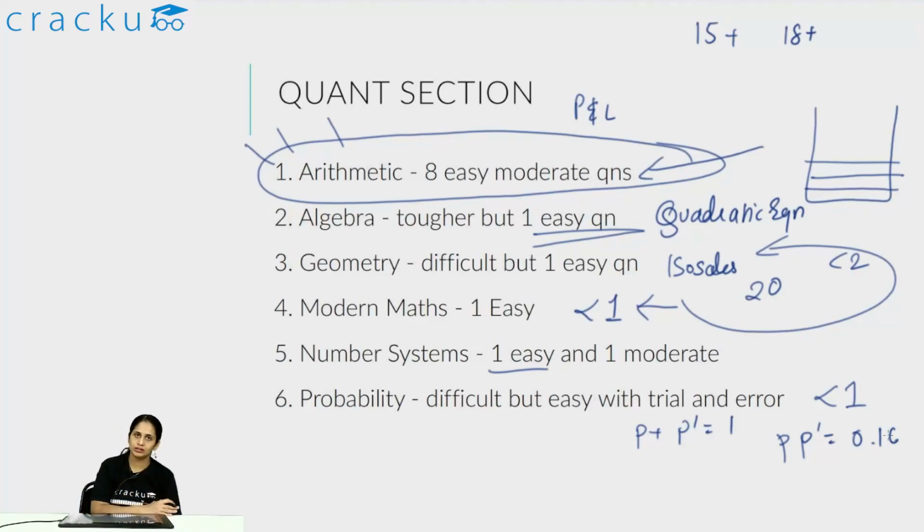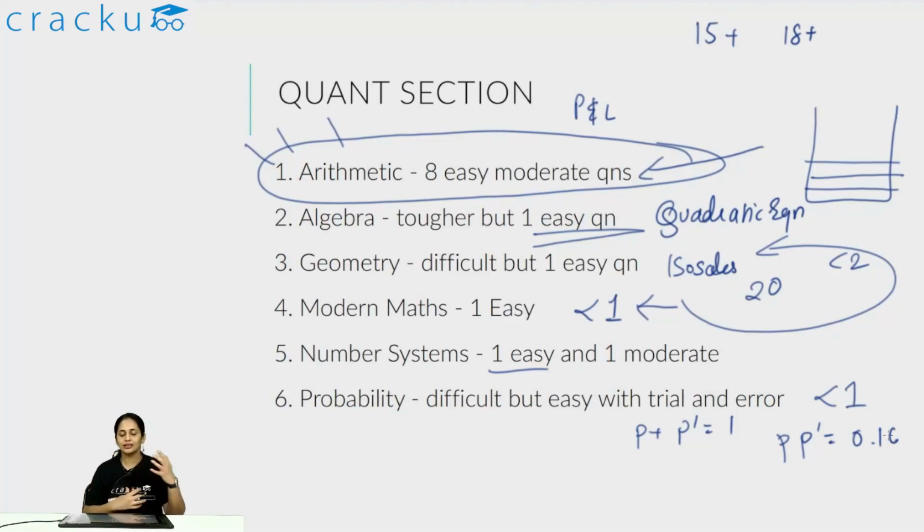In an actual mock scenario, it is just as important to have a good attempt rate and save time on the easier questions as it is to get the right answers. So remember, there's a trade-off between accuracy and attempt rate. Whenever you can, without impacting accuracy, improve your attempt rate by skipping a few steps and using trial and error and options, definitely do that.